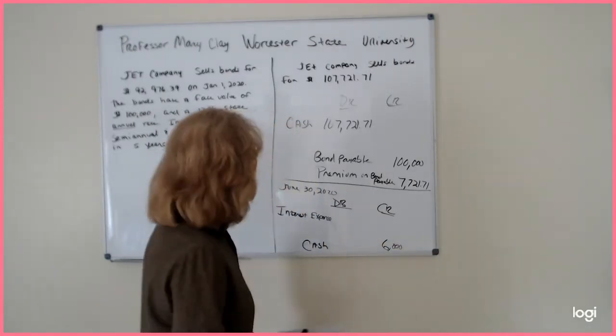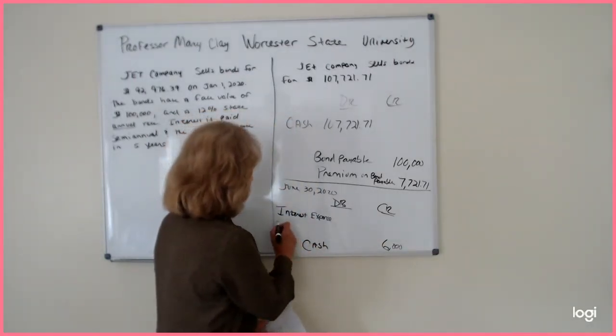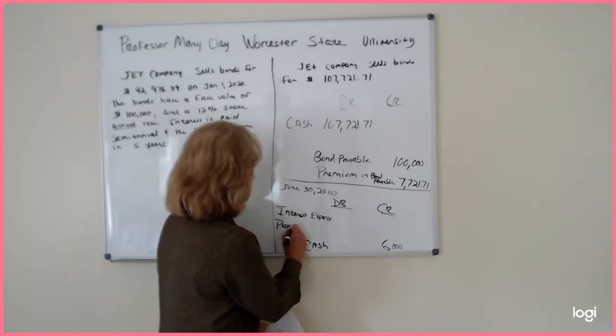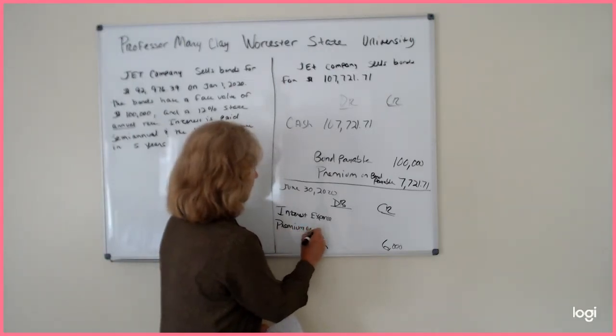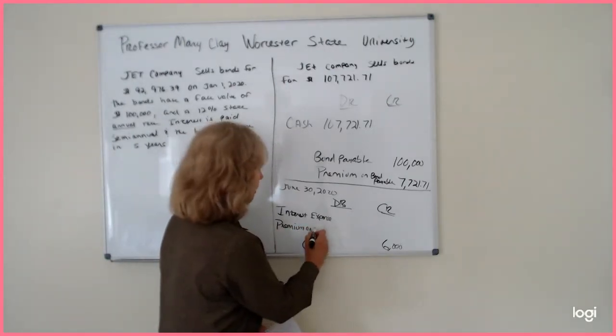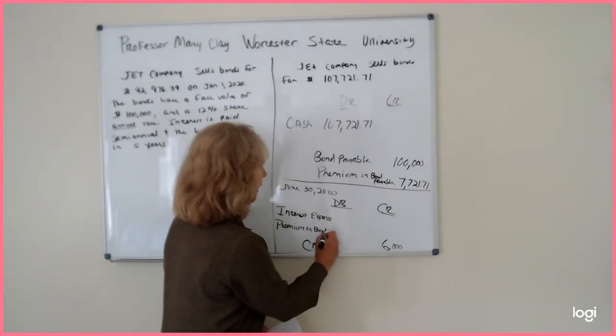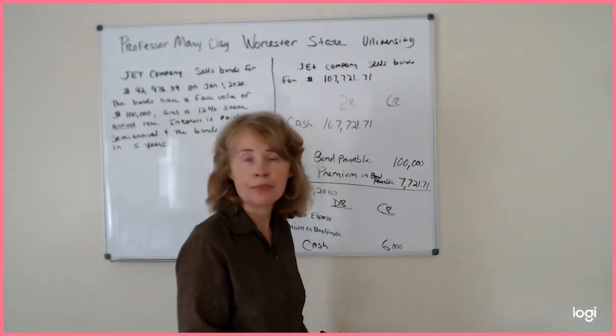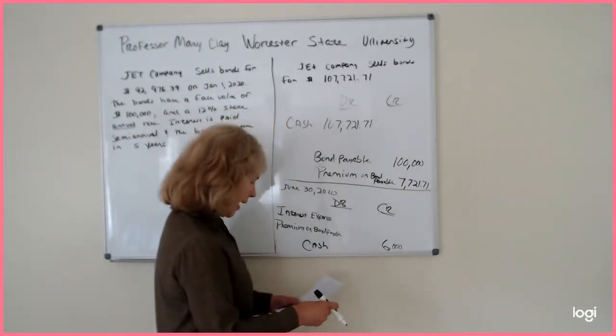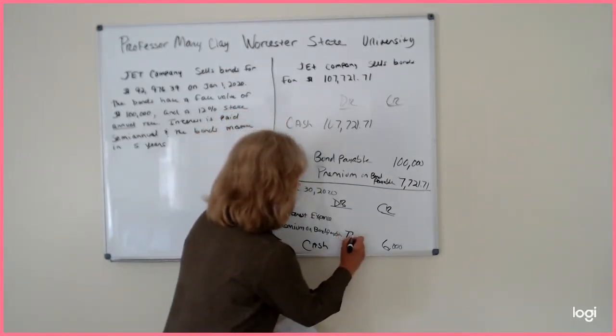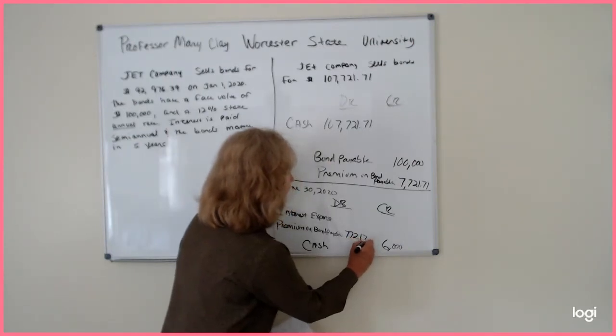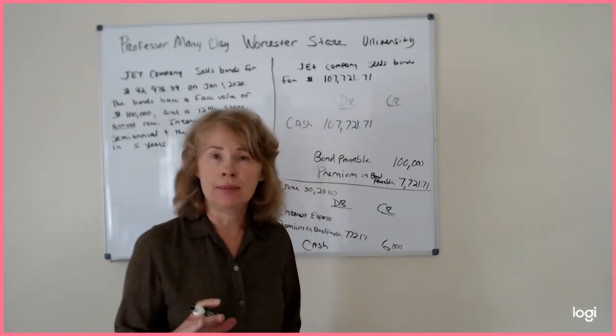So this is why premium on bond, and remember, your publisher calls it bond payable. It is amortization, but they call it premium on bond payable. You're going to label that 772.17. That is a debit.